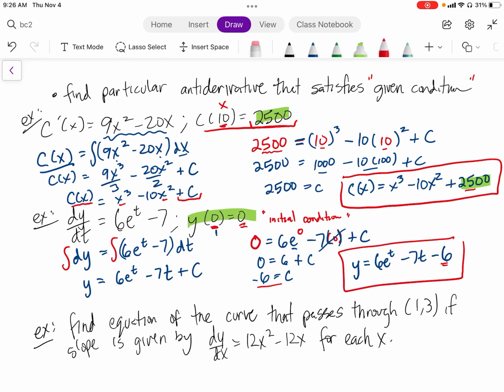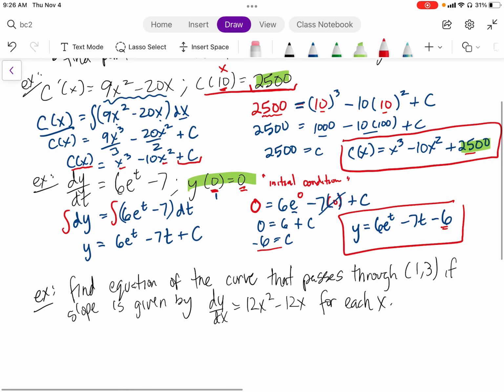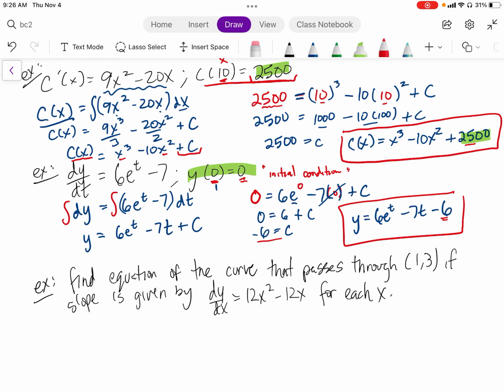All right. One more example, just because the wording is slightly different, right? We're finding an equation of the curve, so not necessarily a line, it might be, but of the curve that passes through this point. Remember that means this is x and this is y. If the slope, so again, slope means derivative, right? If it's a linear function, yes, it's m, but it may or may not be.